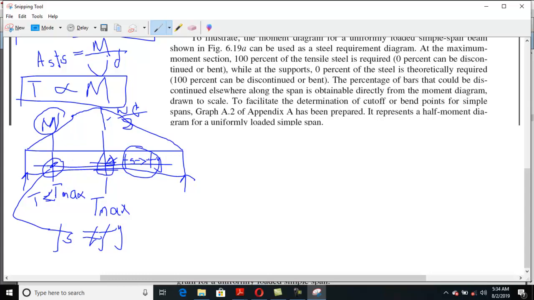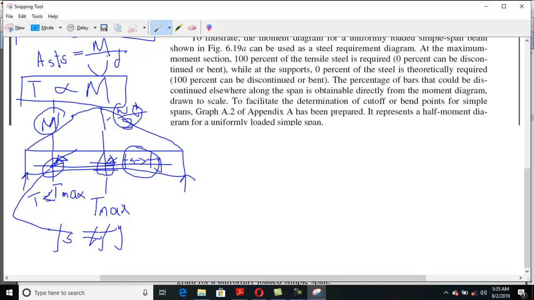The approach is that you need this moment to be there here, then they will yield. But as along the length the moment is decreasing, we can't get this moment value at this point. So we have a second option, and the second option is that we need to reduce the steel area right there.